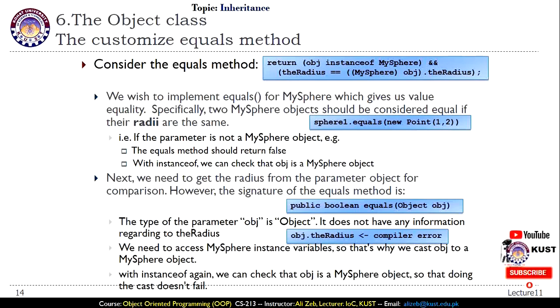We need to confirm that this object was created using a call to the mySphere class, and then we shall be able to convert it into an object of the mySphere class. We'll see this in detail in the example, maybe in the next lecture. And this can be a general form of this code. It converts the obj object into a mySphere object.